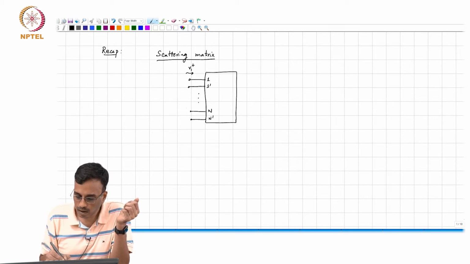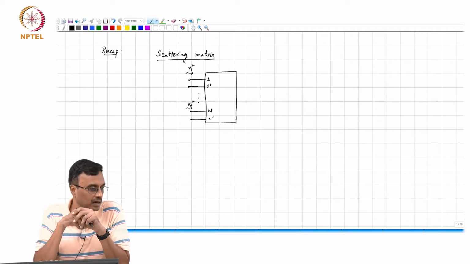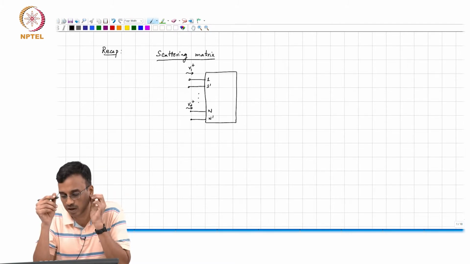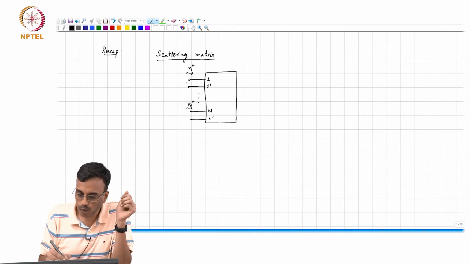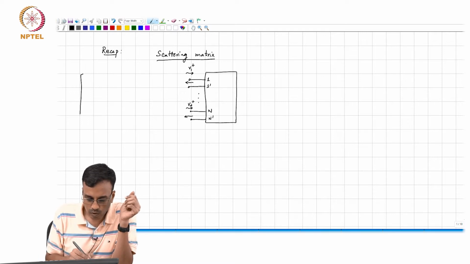relate the complex amplitude of the incident wave at every port to the reflected wave at that port through a matrix.